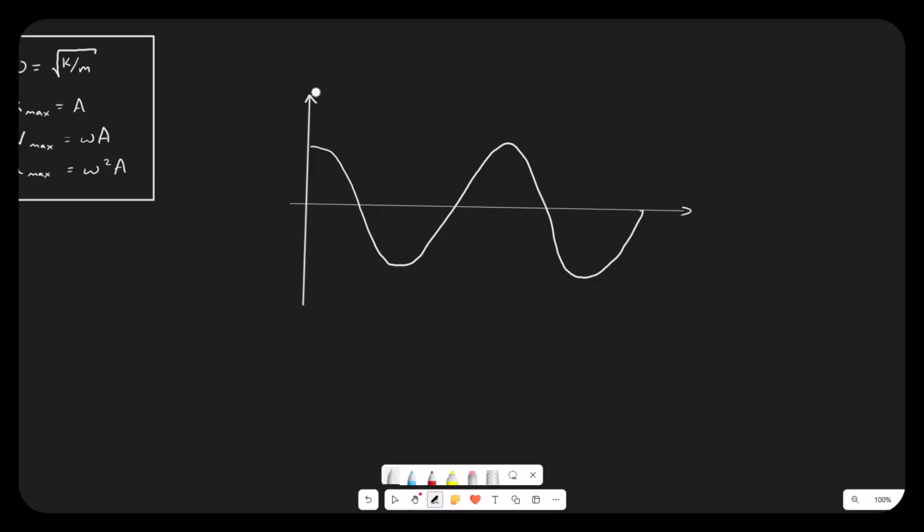So this is y, or I guess x if it's horizontal, versus t. And maybe I know that my system is released from rest at x equals 10 centimeters. And it first passes through equilibrium after, maybe, a half a second.